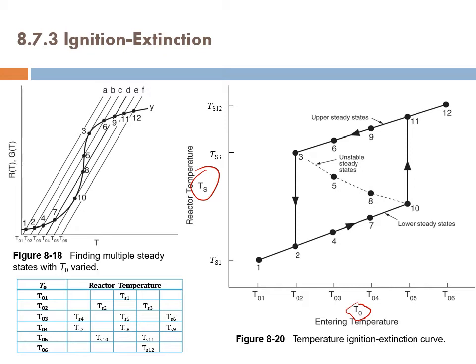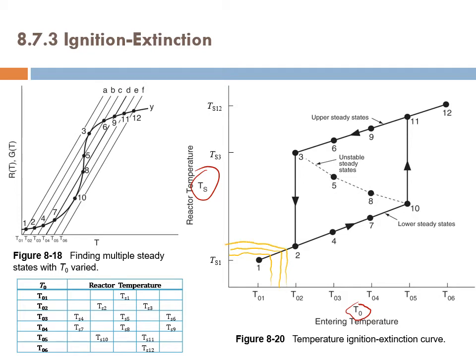Of course, the system is not under a steady state for a while until it reaches the new steady state. Okay, and this new steady state temperature is slightly higher than the previous steady state, and let's continuously increase the feed temperature. So we increase the feed temperature slightly and wait until steady state is reached, and then we increase it again.